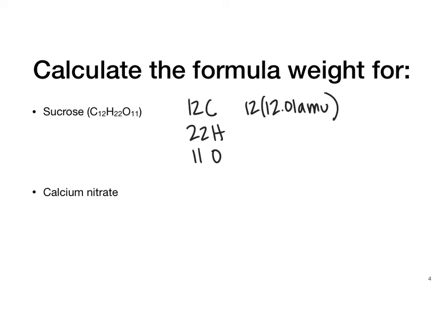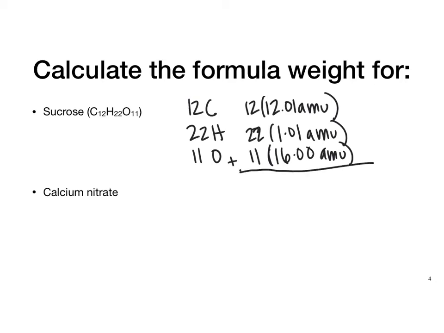And then there are 22 times 1.01 atomic mass units for hydrogen, and 11 times 16.00 atomic mass units. When we add this all up in our calculator, what we will get is 342.34 atomic mass units. So we're just going to look at the periodic table, determine the atomic weights for any element, and go from there.